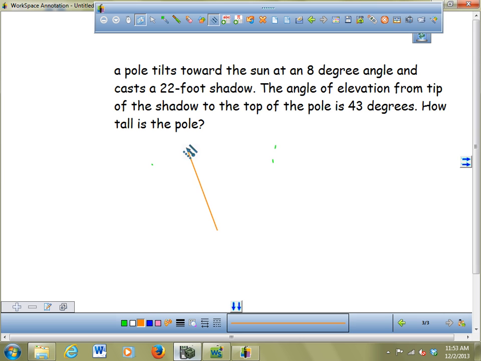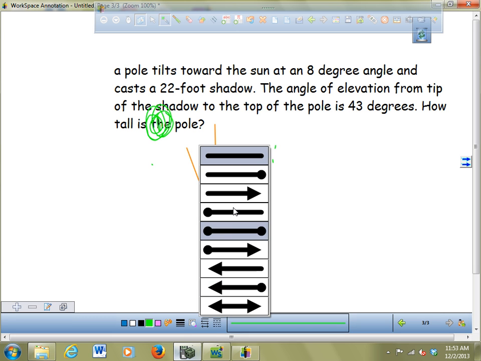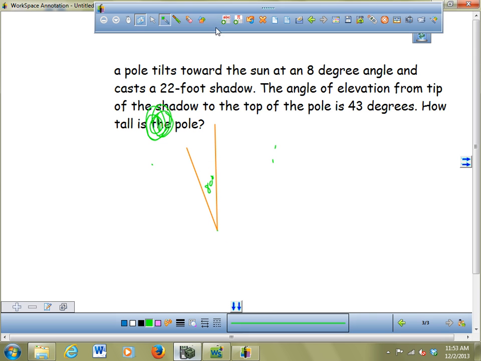There's a pole that's tilting up at, if this is vertical, an 8-degree angle. And the sun is up here somewhere, shining down. And henceforth, the shadow, even though it seems kind of weird, is over here somewhere. So here's the shadow, and here's the triangle that we're talking about.